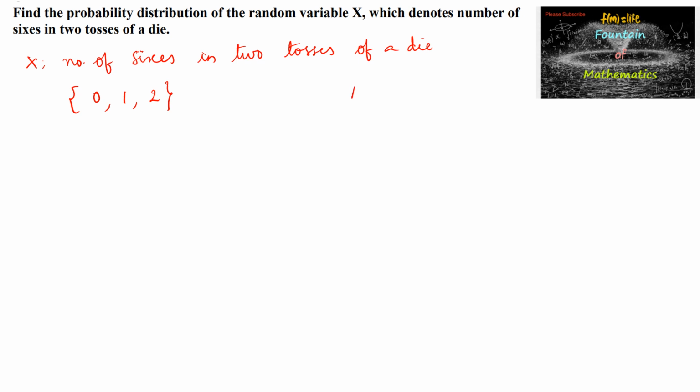And let us consider A as getting 6, and let us consider A bar as not getting 6.